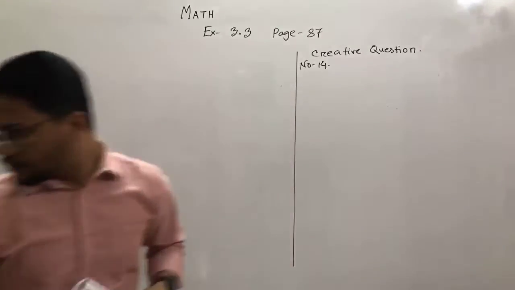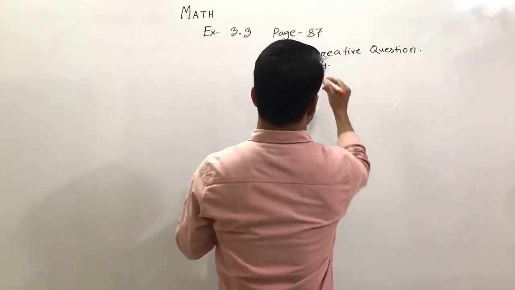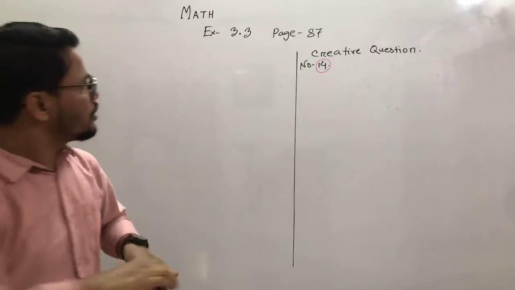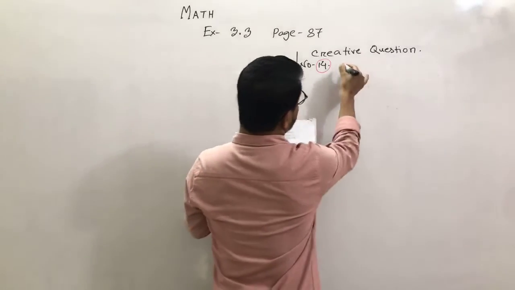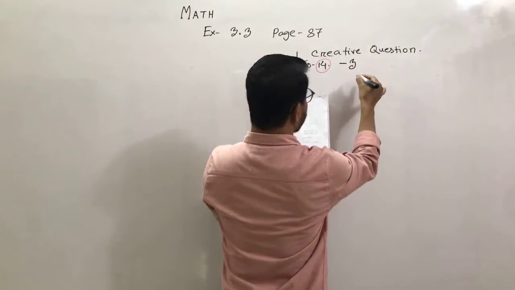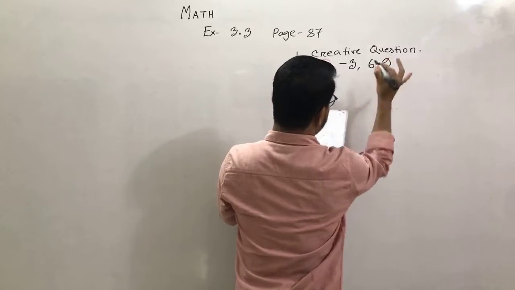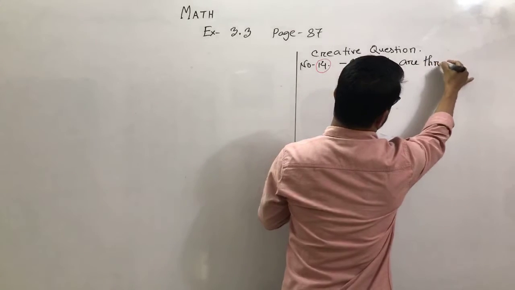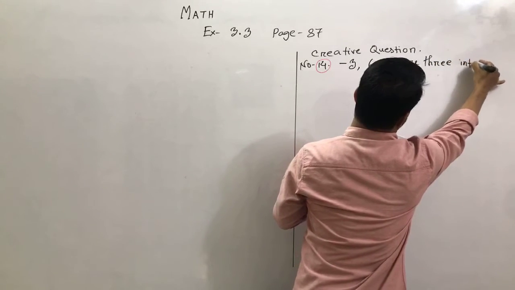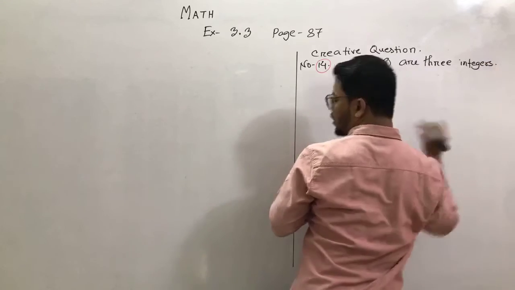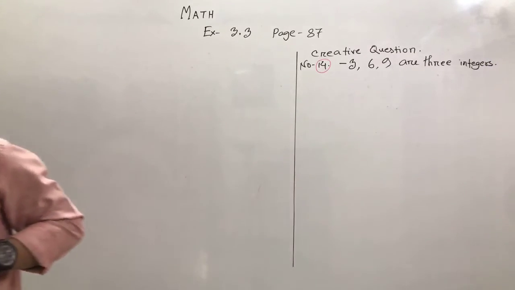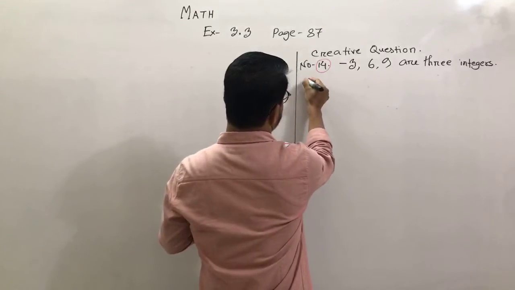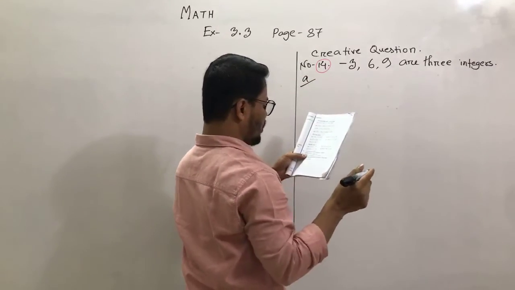We see here: -3, 6, 9 are three integers. Number A, the first question.